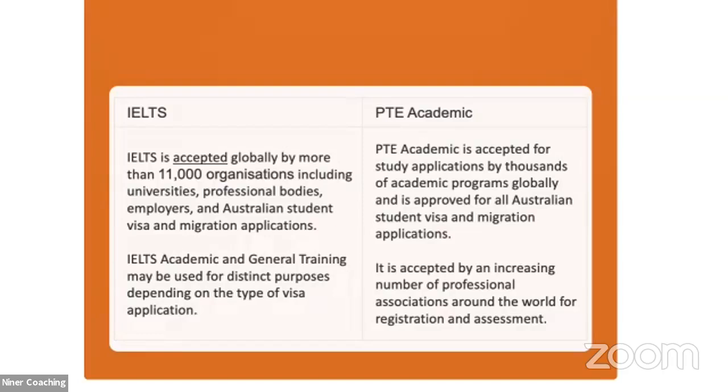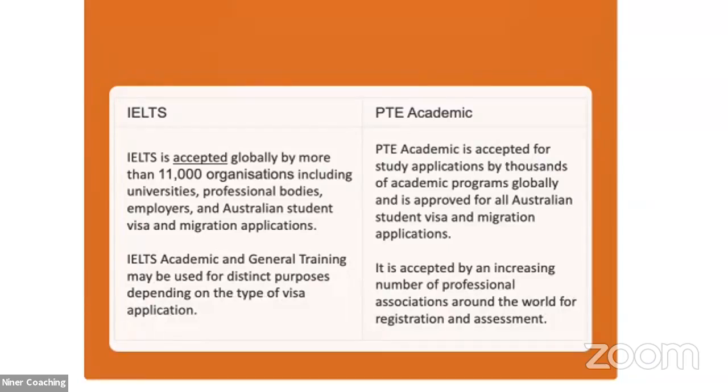IELTS, remember, is the most globally accepted examination worldwide, with over 11,000 organizations, including universities, professional bodies, employers, and Australian student visa and migration applications accepting this particular test. So if you have your IELTS test result, you can go to pretty much anywhere in the world.